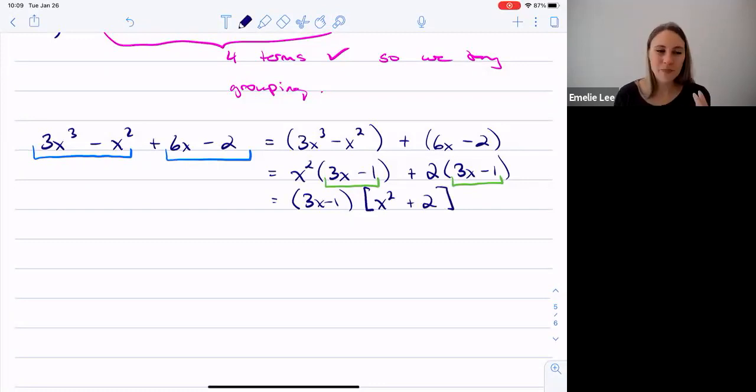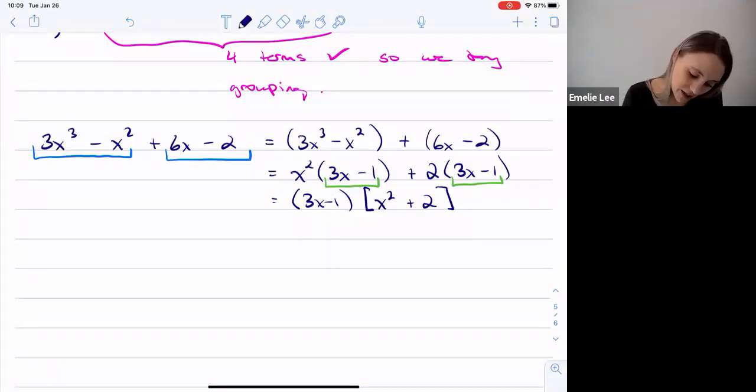Kind of weird, right? You don't have to use square brackets, you can use round brackets, but I like to emphasize that it's 3x minus 1 times x squared plus 2.